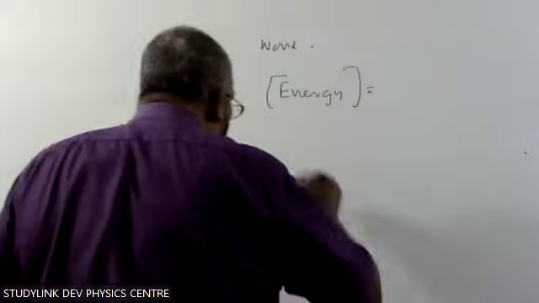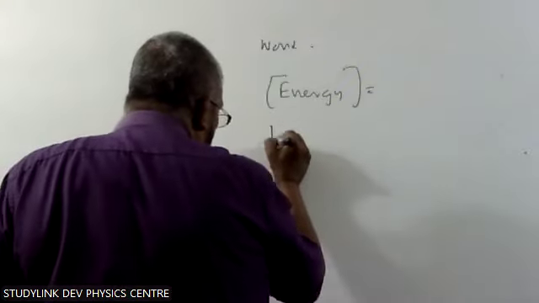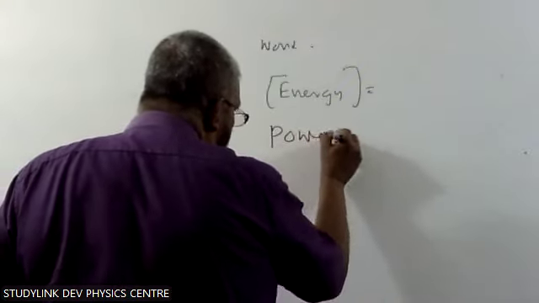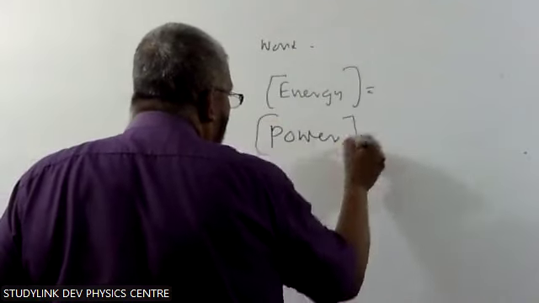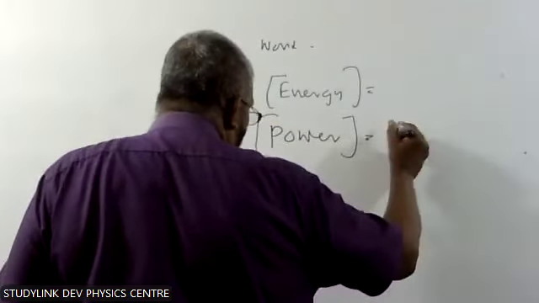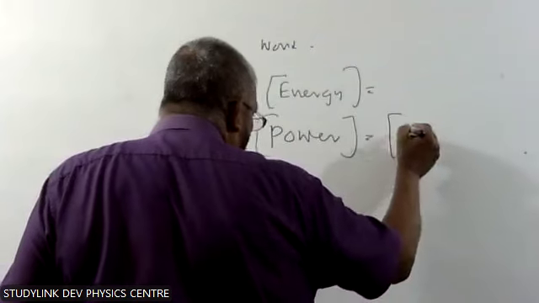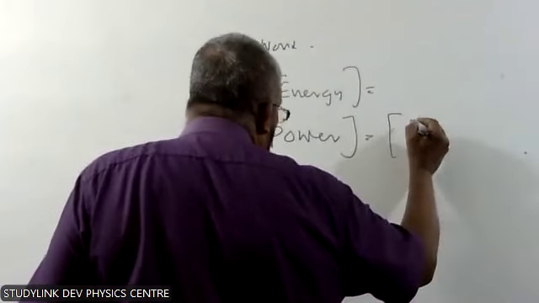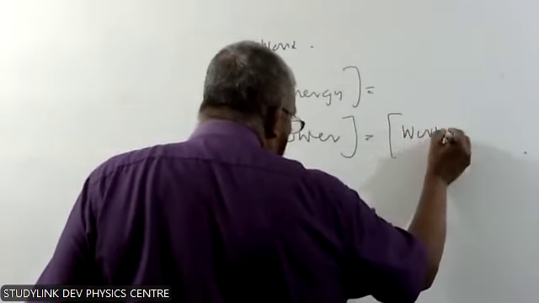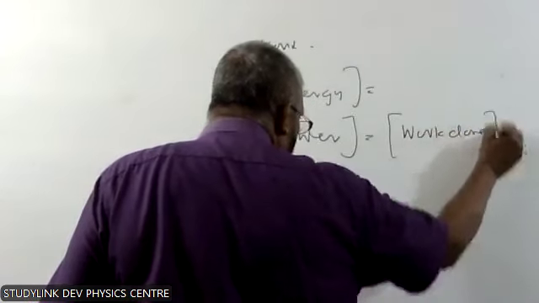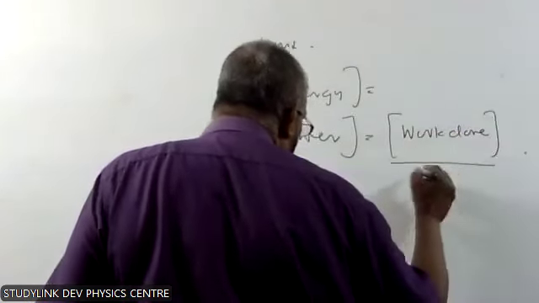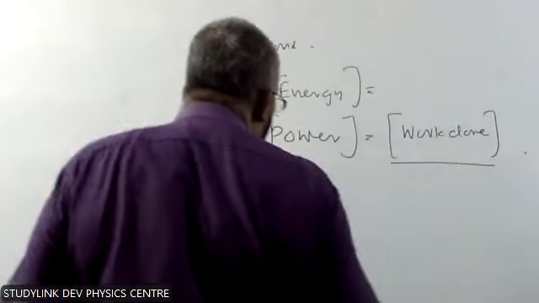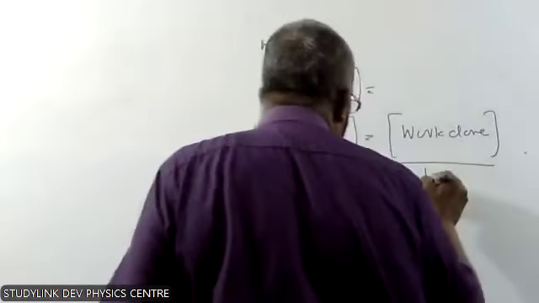After energy, I explain power. Dimensions of power, I'll directly write now, is equal to dimension of work done divided by dimension of time.